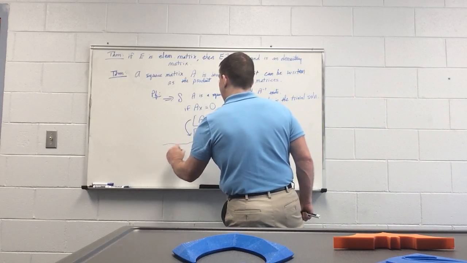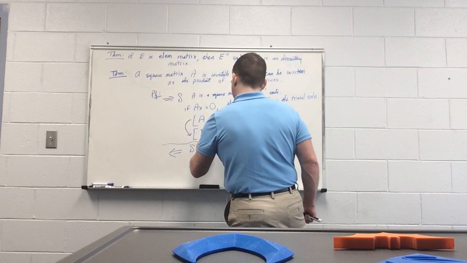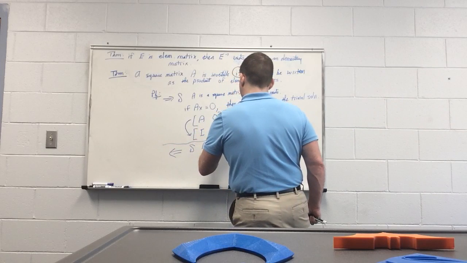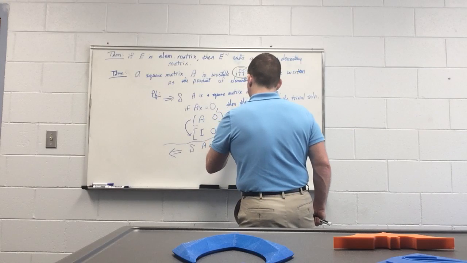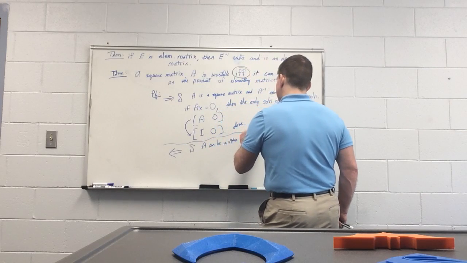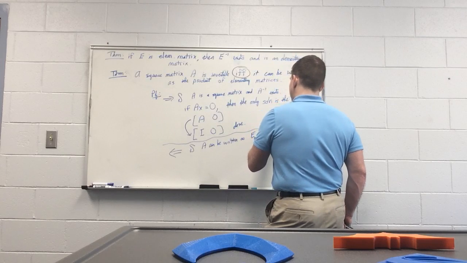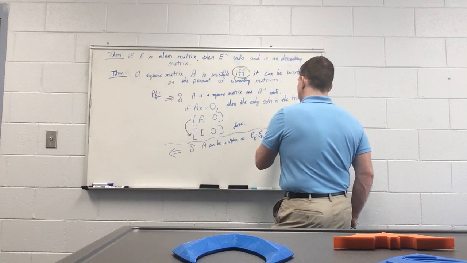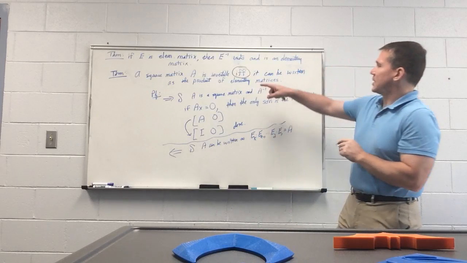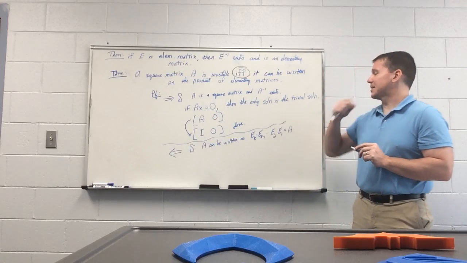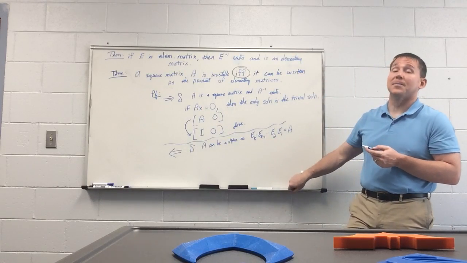Suppose I want to go this way. So suppose that A can be written as E_k, E_{k-1}, and so on, E_2, E_1. So suppose A can be written as the product of elementary matrices right here.